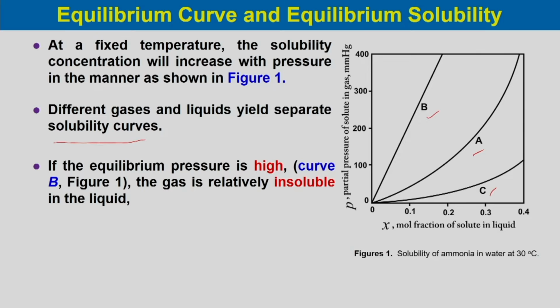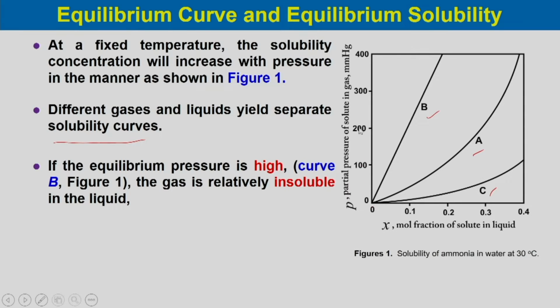Now, if the equilibrium pressure is high, that is curve B, figure 1. In this figure the solubility of ammonia in water at 30 degrees centigrade is shown mostly, and some other gases. If the equilibrium pressure is high, as in curve B, the gas is relatively insoluble in the liquid.